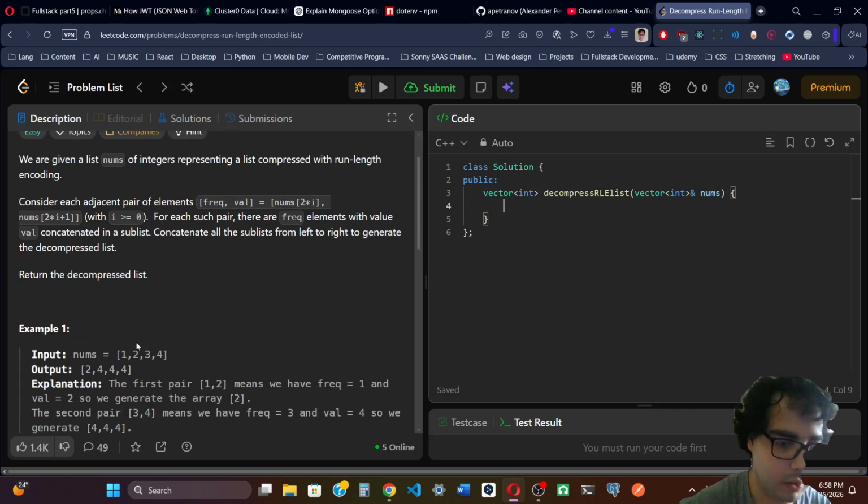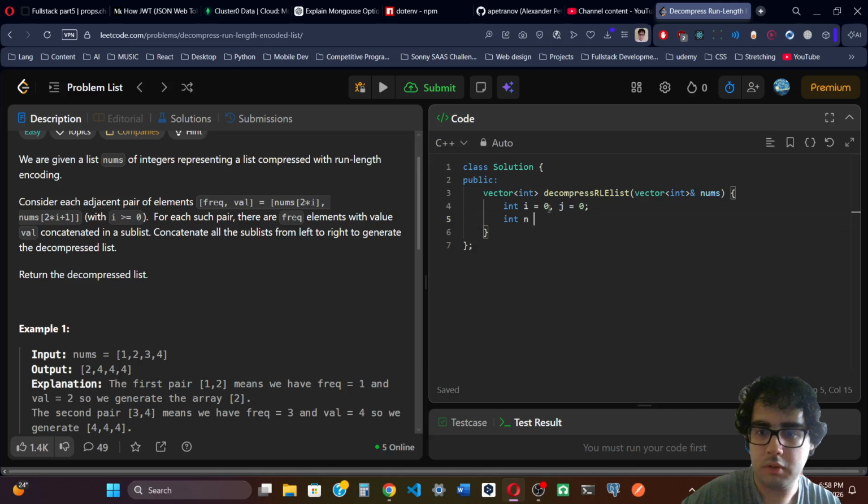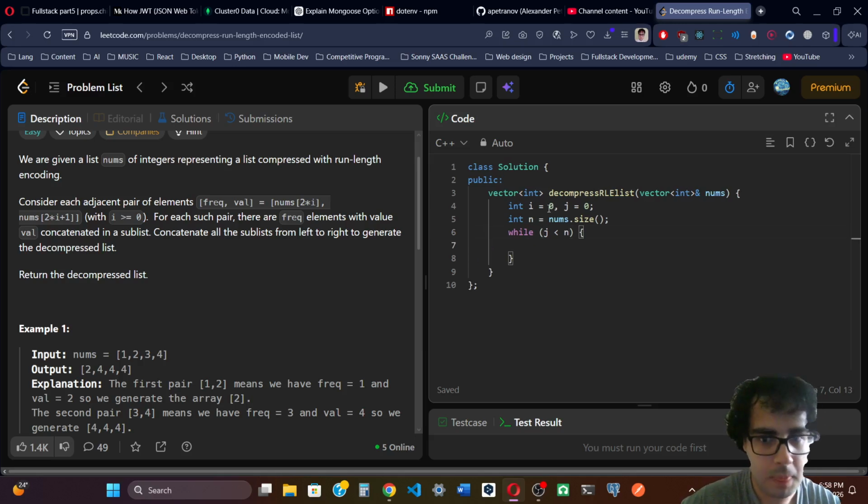Yeah, so basically we have 1 2, then we have 3 4s and stuff like that. So I'm gonna have I = 0 and J = 0, then an array of numbers of size, and while J is less than N, we have the answer.